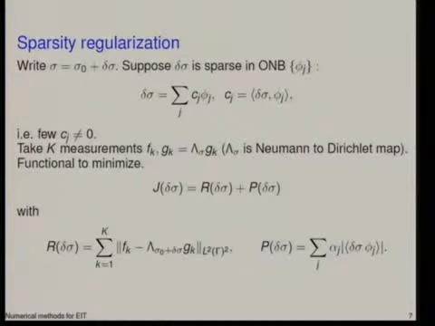In this problem, I maybe should have mentioned more clearly, the idea is to take the partial boundary measurements on the same subsets, but you could do anything here. It's actually quite flexible, this approach. So this is comparing the measurements to what we would obtain if it was delta sigma that was our candidate. And then there's the penalty term over here. So we penalize the delta sigma, the sparsity of the delta sigma.